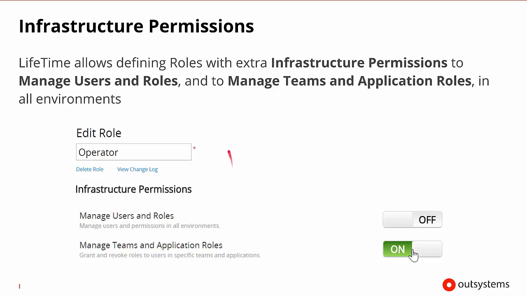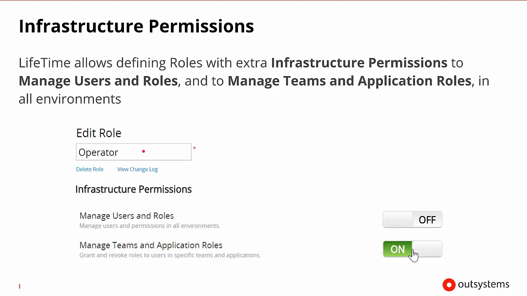Now there are a different set of permissions called the infrastructure permissions. So Lifetime allows certain roles to have infrastructure permissions to actually manage users and roles across the environments and manage teams and applications. And this will give them these types of permissions across all of the environments.